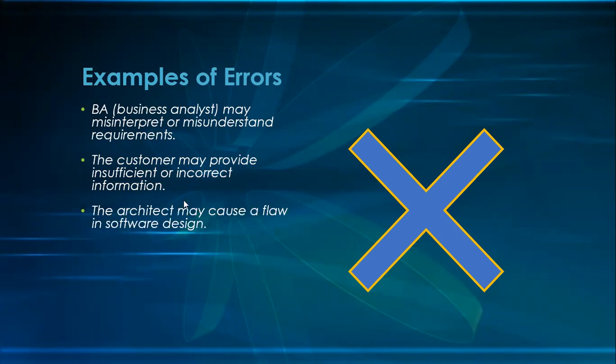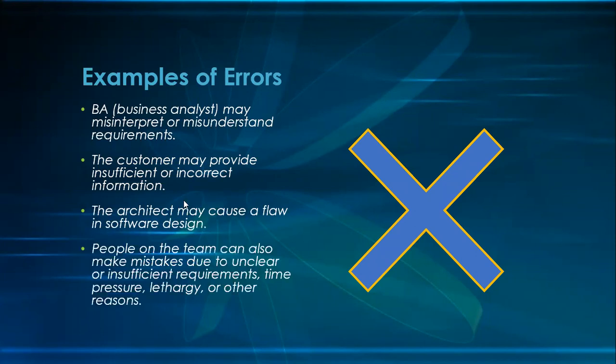Then the other thing, we've got the architect. It could be in the flow, it could be in the diagram, it could be in the solution diagram. Then we've got other people like you and I. It could be due to tiredness, some could be sick, and maybe just make some mistakes. So all these are various examples of error.